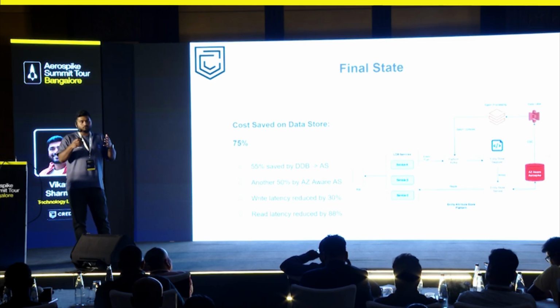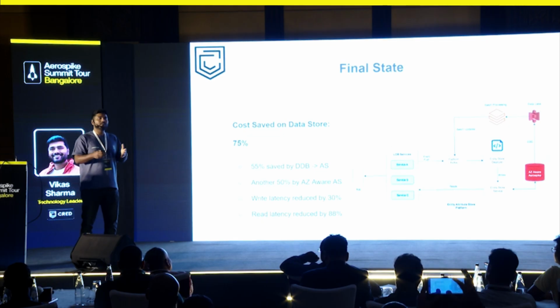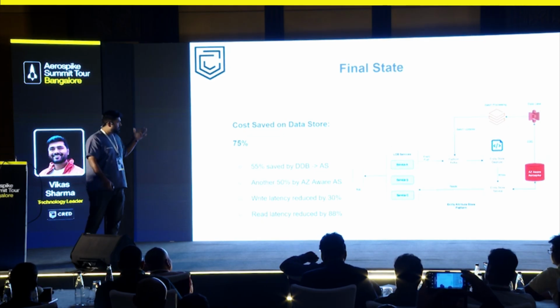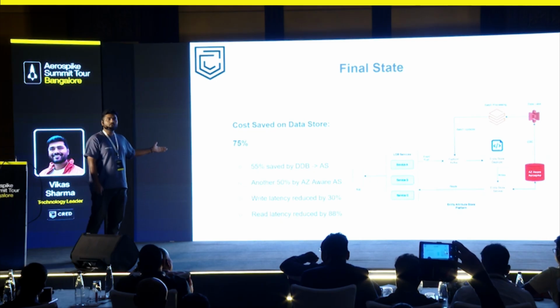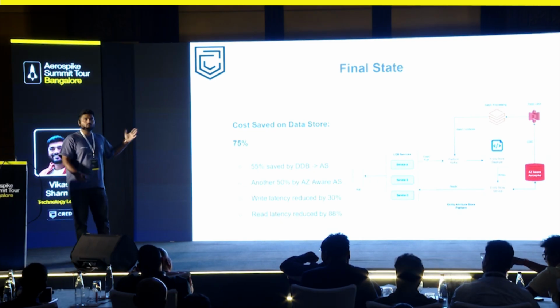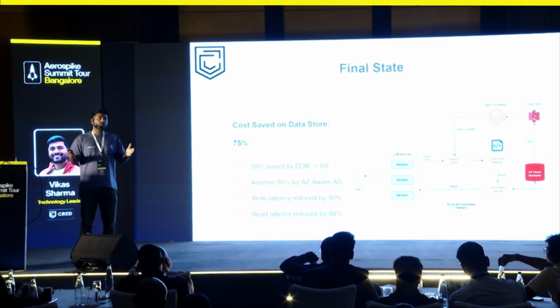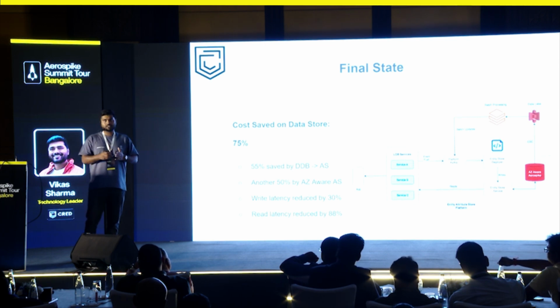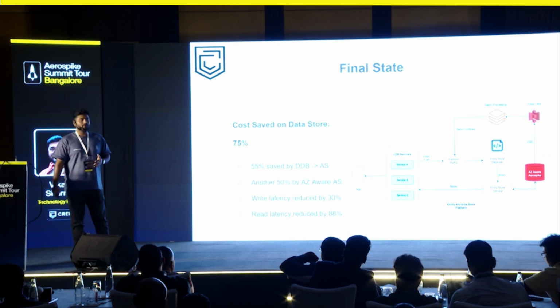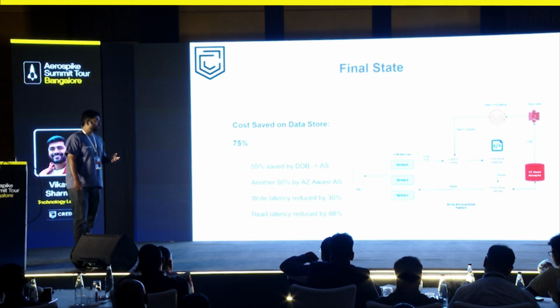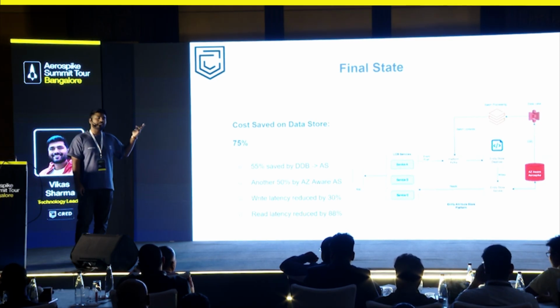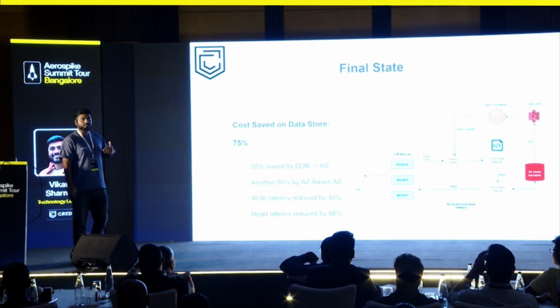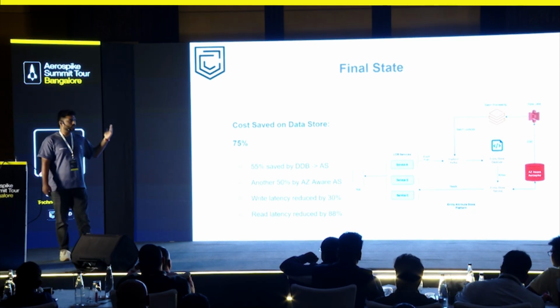We could not run multiple experiments at the same time because the experimentation platform reads many times on the user attribute store, and because of the latencies, we could only span up to some amount of experiments. But with this, our experimentation platform could also scale, because this was becoming one of the bottlenecks. And in the experimentation platform itself, we were able to reduce the latency by 50%. So it had a second order effect on the entire ecosystem.